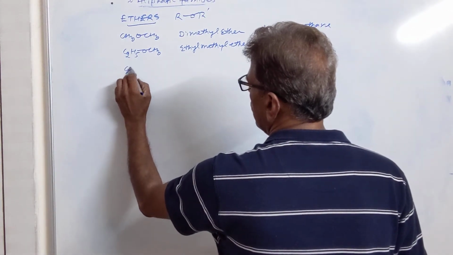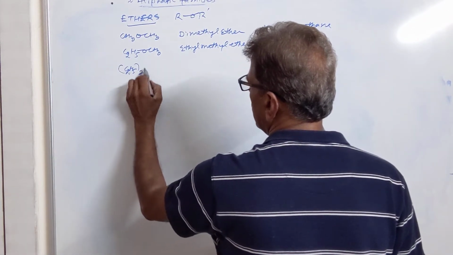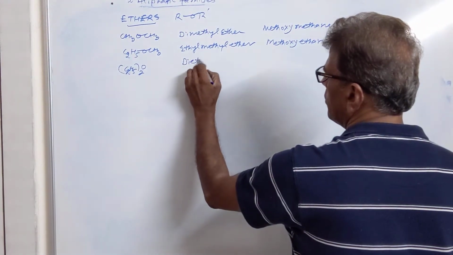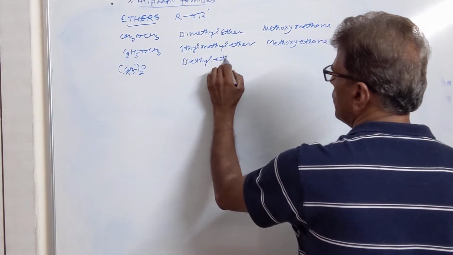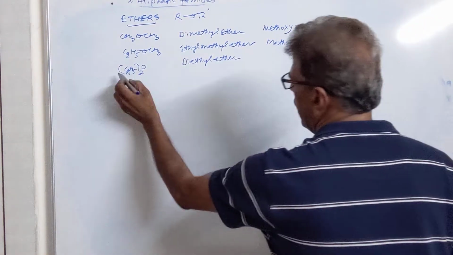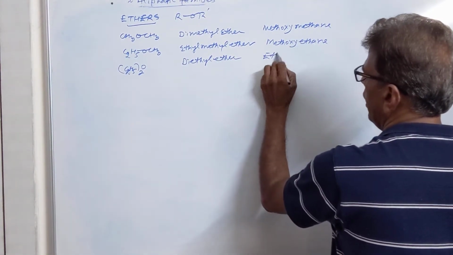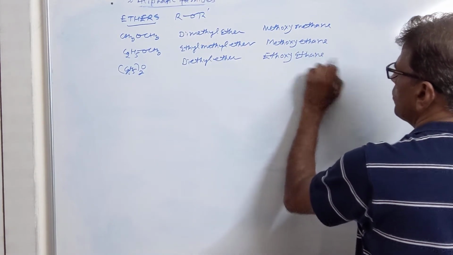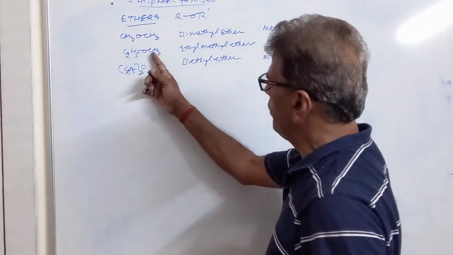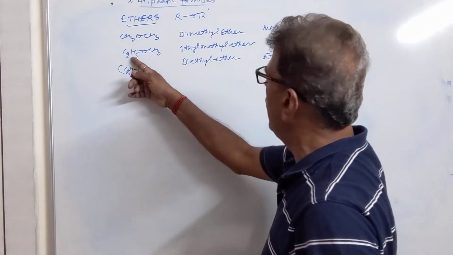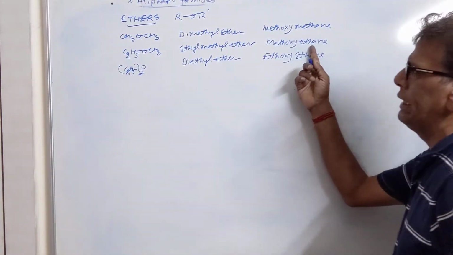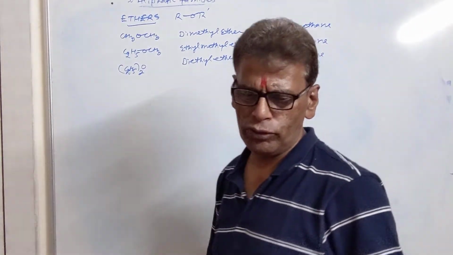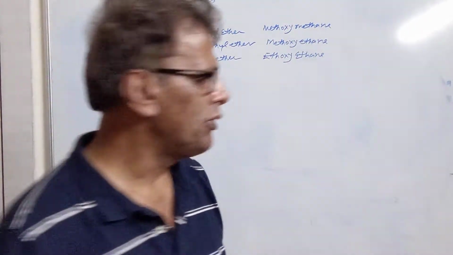Then we have C2H5 on both sides of oxygen, it is diethyl ether. IUPAC name, one is ethoxy and other is alkane, ethoxyethane. So if we have different groups, then big alkyl group is taken as parent, ethane. Small alkyl group along with oxygen is taken as alkoxy. It is taken as substituent.